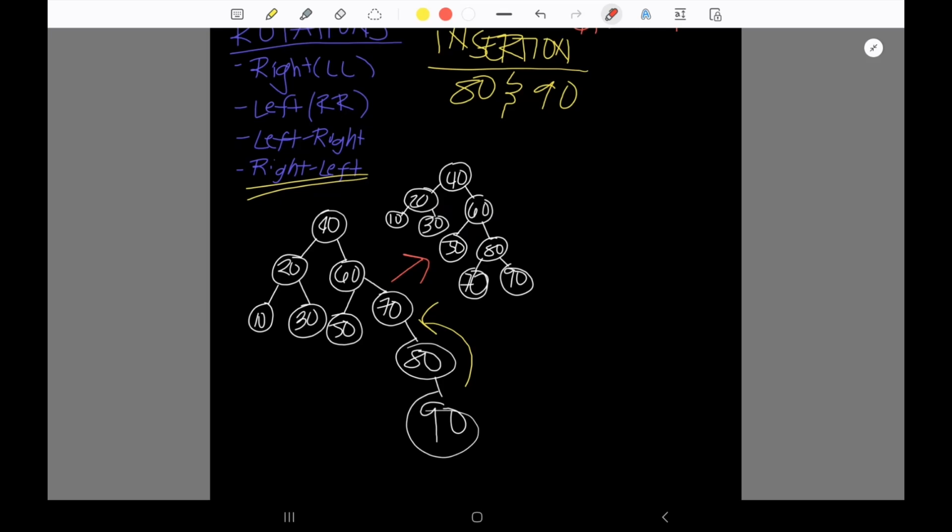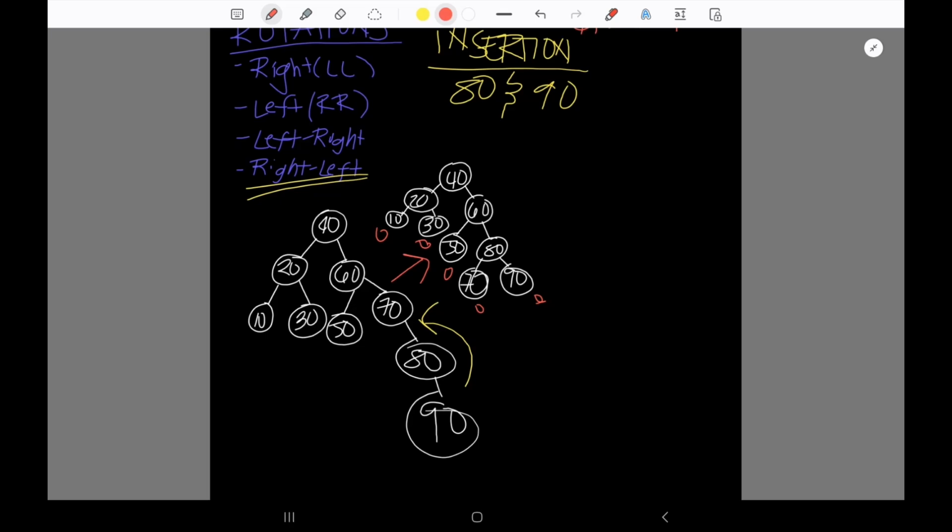But let's check it node by node. So the leaf has 0 balance factor. 0.